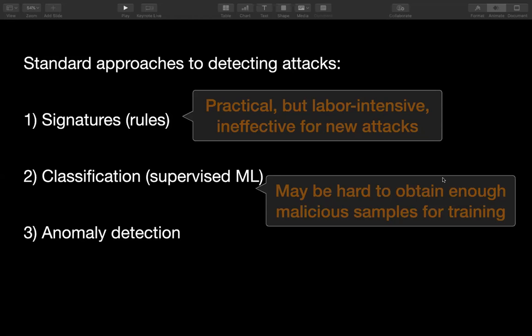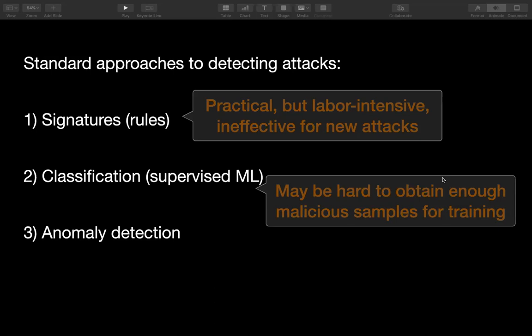And classification, the promise of that is that maybe we could have a classifier that learns to detect signs of malicious behavior, and therefore reduces the workload on analysts and can detect new attacks. But one of the big challenges with that is the base rate problem, and in particular, imbalanced training sets. It's very common that we can find a training set with millions and millions of samples of benign stuff, but it may be challenging to find many examples of known attacks.